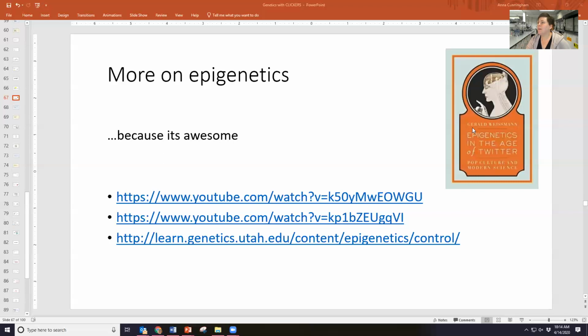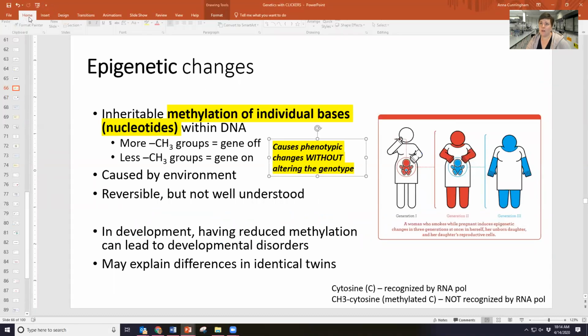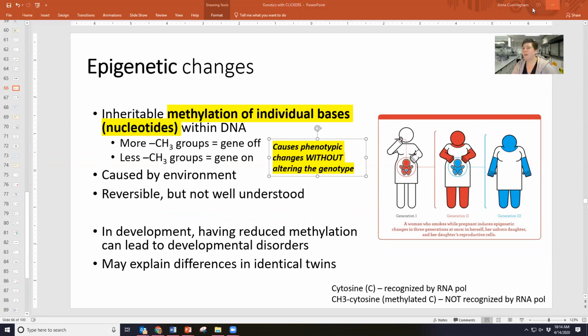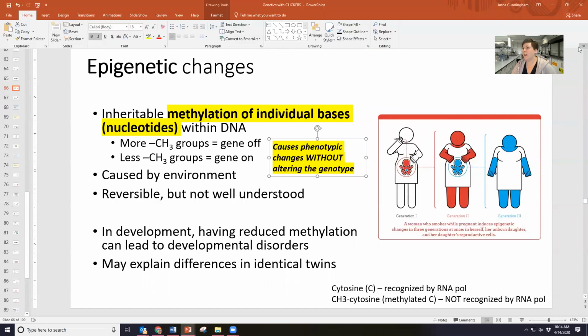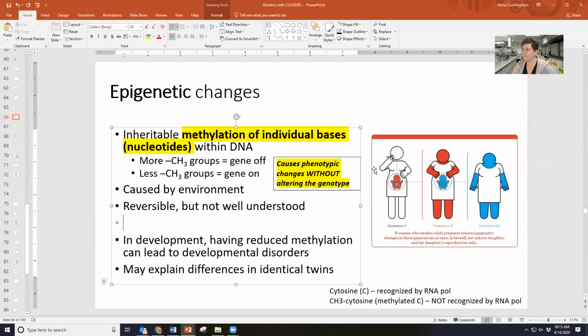Okay, so again, I want to mention the big thing about epigenetics that will come up, and the way I would recommend you remember it is that it is a way to get phenotypic change without alterations in the actual genotype.